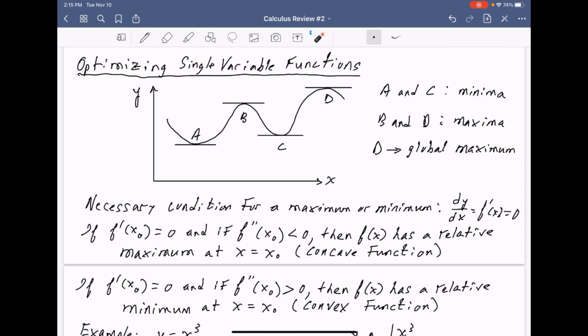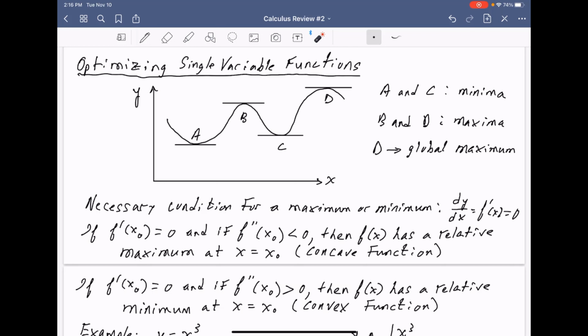All right, here we've got some polynomial function that bottoms out at A and at C, and it's at a maximum point at B and again at D. So in other words, if we take that function, find the first derivative, and set it equal to 0, then if this is the function, somehow constrained to be in this diagram, we will find 4 points where the first derivative of the function is equal to 0.